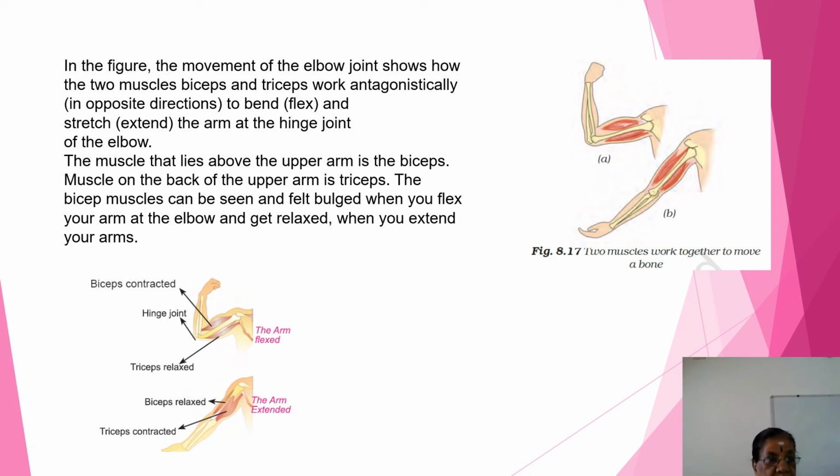Bend and it can stretch. I hope you follow. So I repeat, the movement of the elbow joint shows how two muscles called biceps and triceps work antagonistically, that means in opposite direction, to bend and stretch the arm at the hinge joint of the elbow.